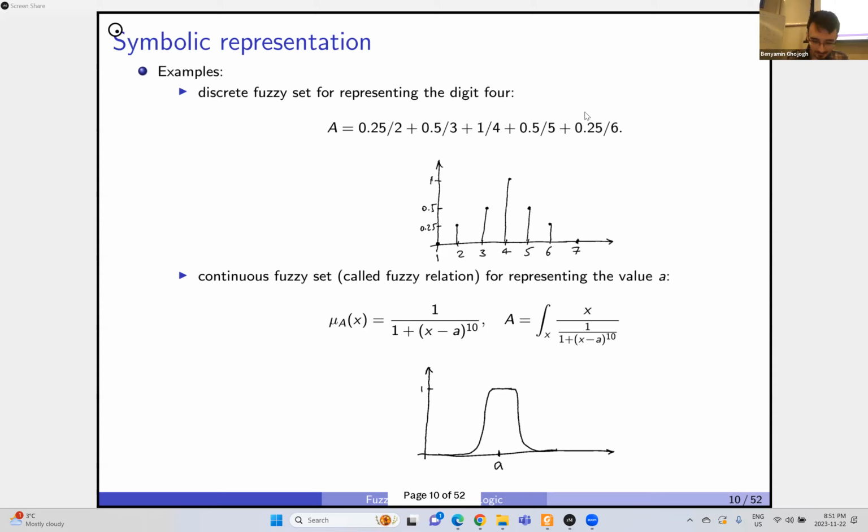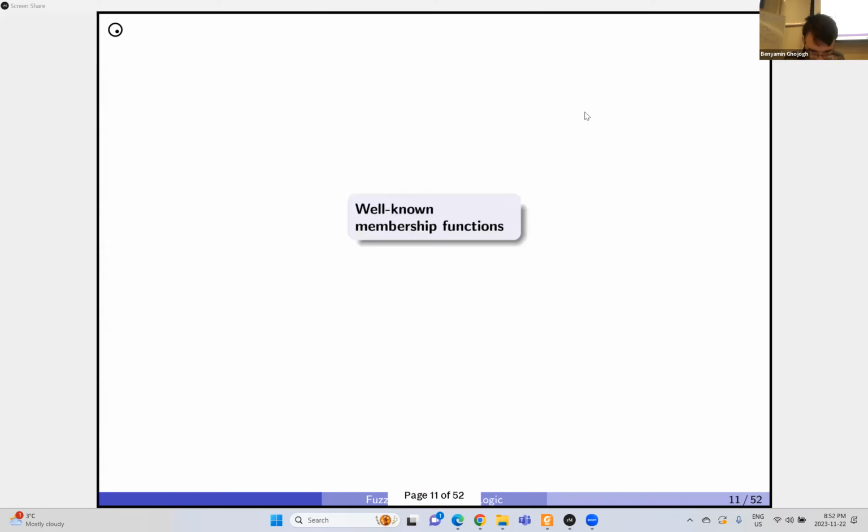Example, discrete fuzzy set, this. We can show A with, so that for 1, its membership is 0. So I can completely ignore it. Or I can write 0/1. For 2, its membership is 0.25. This is fraction, right? What happened?